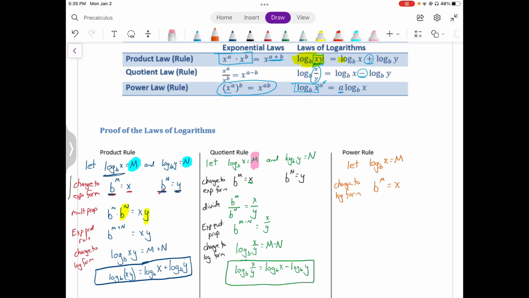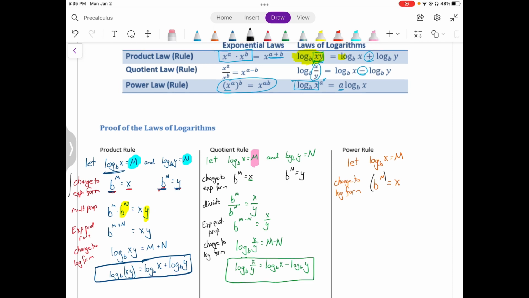Now we're just going to raise both sides to the a power. And now we can use our power rule for exponents. We have b to the a times m, as a power to a power you multiply, equals x to the a.